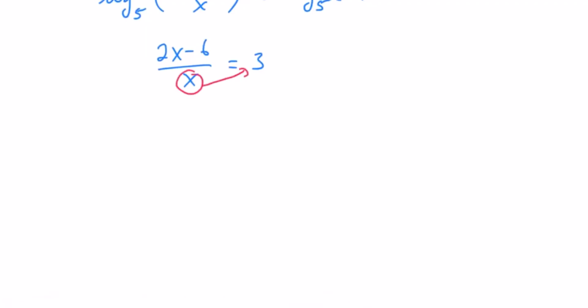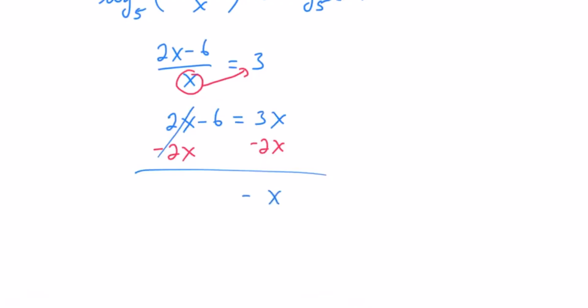Multiply the x over, and we have 2x minus 6 is equal to 3x. Get our x to one side, minus the 2x over. So here we have x is equal to negative 6.